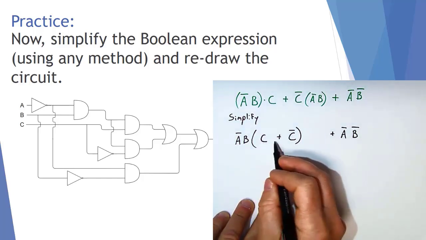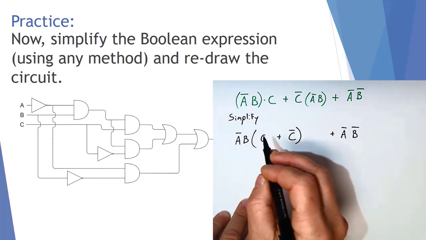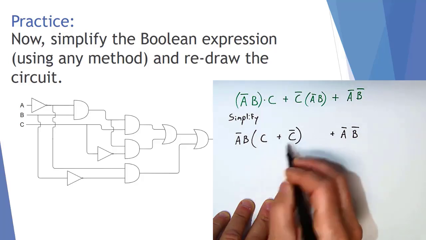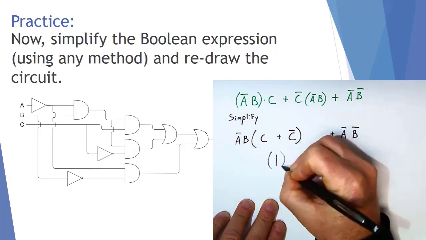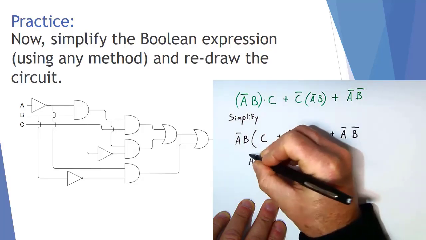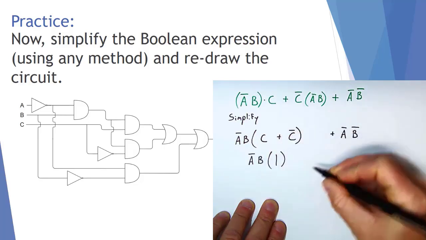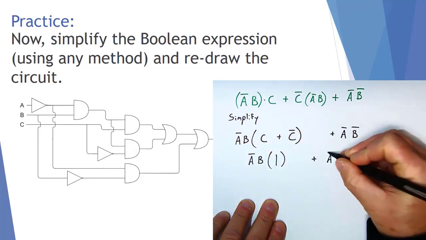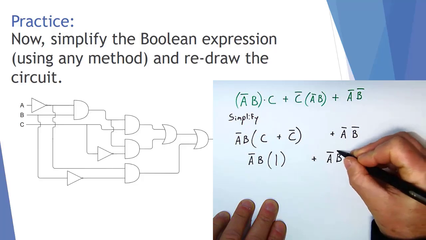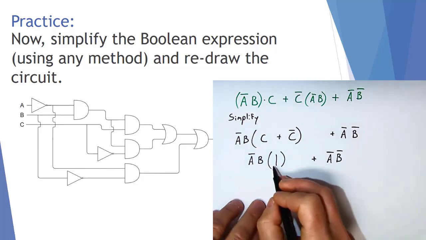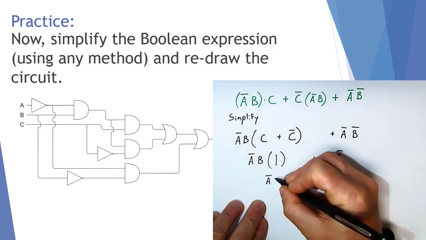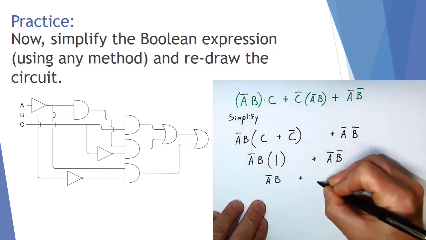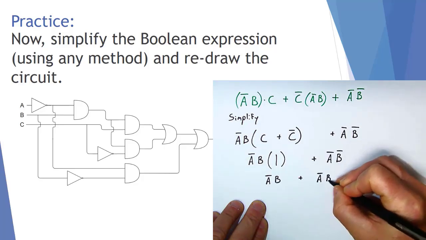But we know that C or C naught, of course, is always going to yield a 1, because C will always be either true or its negation will be true, or a 1, you might say. And so that becomes 1. And so we have A naught times B times 1, or A naught B naught. But of course, 1 is the identity, so this really becomes A naught B or A naught B naught.